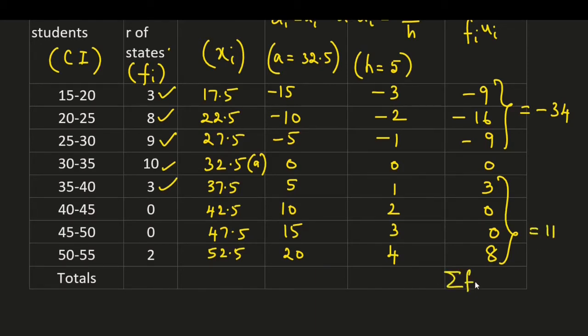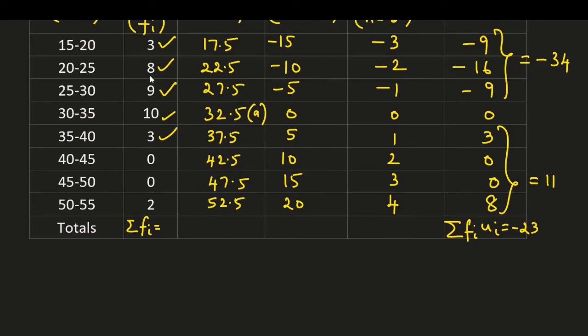So sigma fiui is minus 23. Here sigma fi is equal to 3 plus 8 is 11. 11 plus 9 is 20. Then 30, 33, 35.